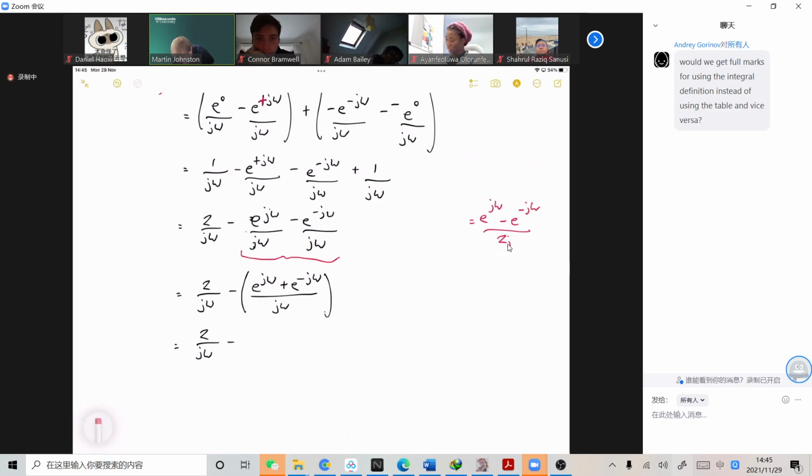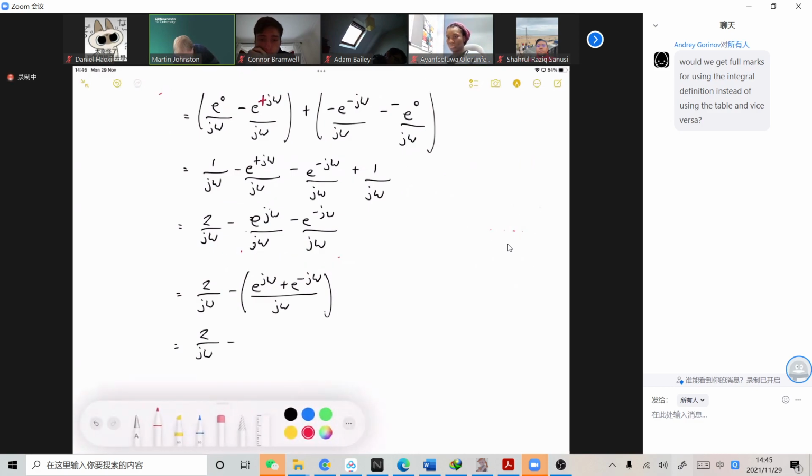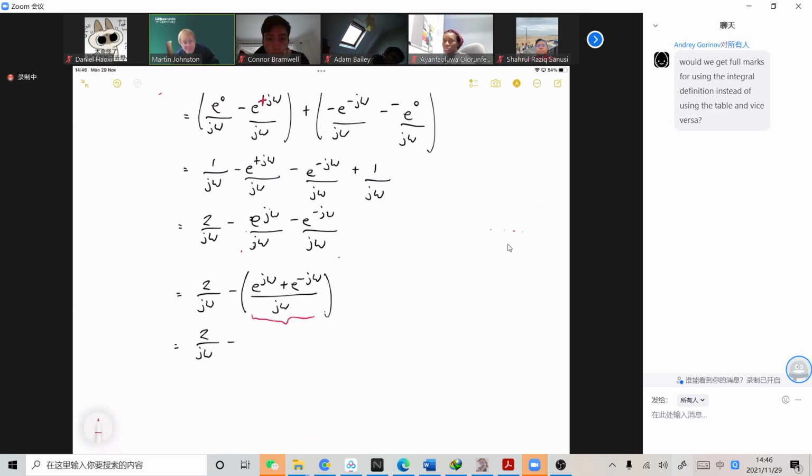Not that. It should be cos, because I've jumped the gun a bit. So forget that. What I want, this part here, sorry, I've underlined the wrong bit. That is the same as cos. Well, there's a cos of omega in there.